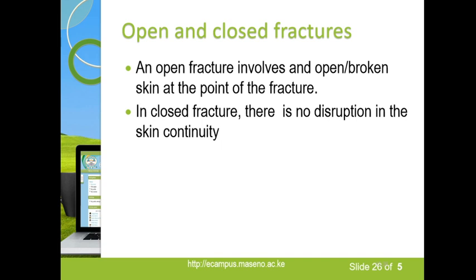If it is the lower limb, you move the non-injured leg to the injured one, and then you secure by tying a bandage around it to help immobilize. You tie a knot to help immobilize the injured part.